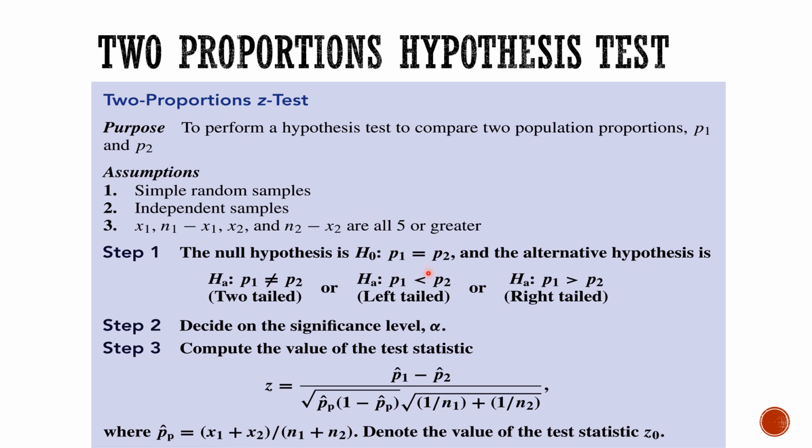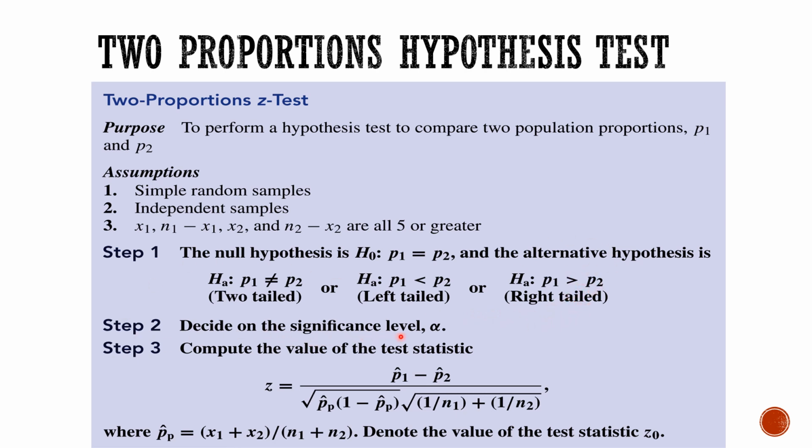An alternative hypothesis can be any one of these three. If it says not equal to, that means we want to assert that the two proportions are different. It's going to be a two-tailed test. If it is less than, then it's going to be a left-tail test, or if it's greater than, it's going to be a right-tail test.